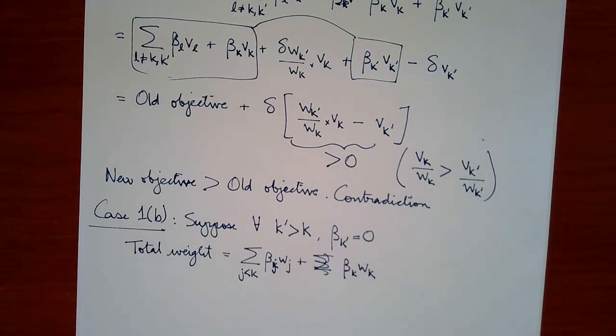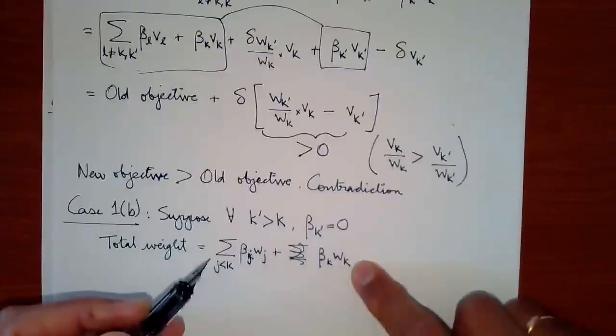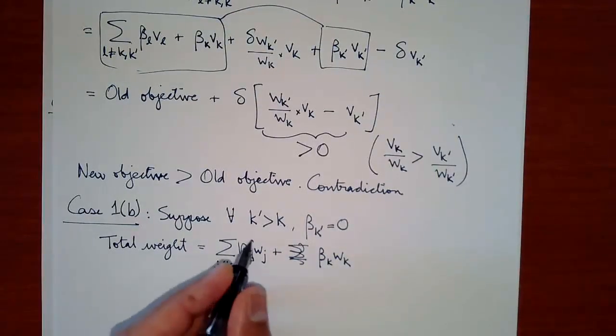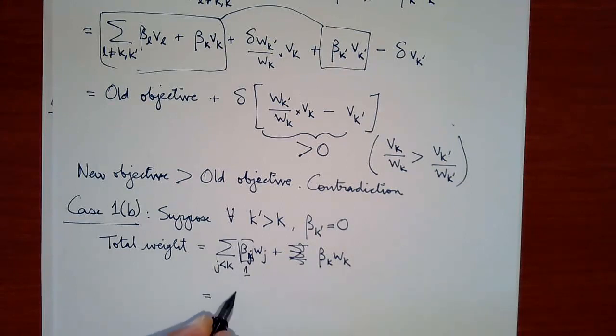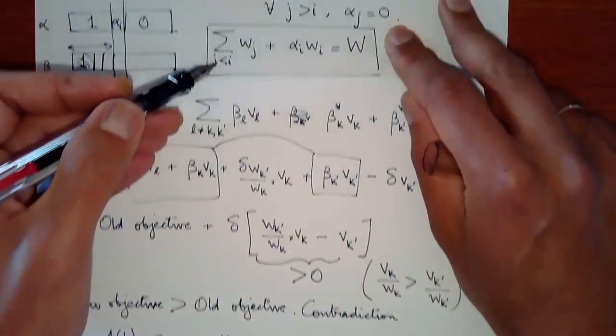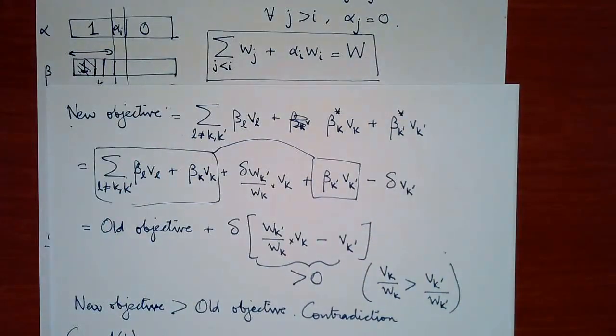Well, then the whole point is that for the weight chosen over here, remember that all of these are just 1. So this is just going to be the summation of j less than k of wj plus beta k wk. And because you have this inequality here, beta k is strictly smaller than 1.